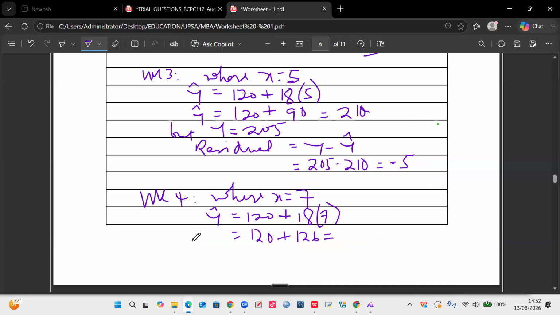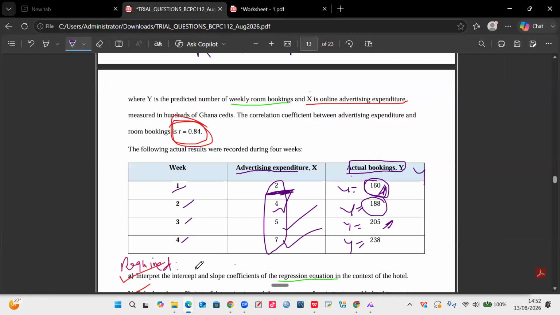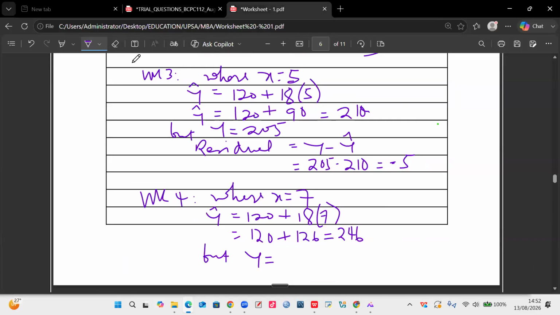When you add it, you get 246. The actual y for week 4 is 238. Minus.